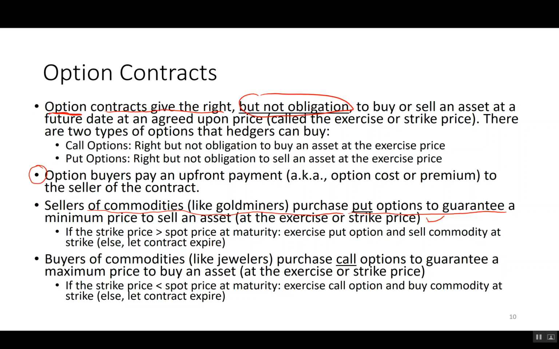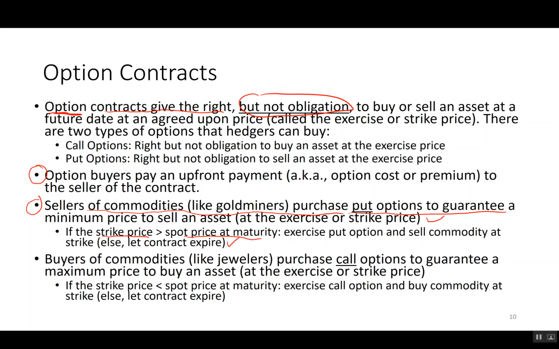So if I owned a put option to sell gold, I am going to exercise that put option and sell my gold at that strike price only if that strike price is greater than the current spot price. If that's the case, I'll call that counterparty and say, I'd like to exercise the option. I'm going to deliver the gold, and please send me my strike price times the quantity.